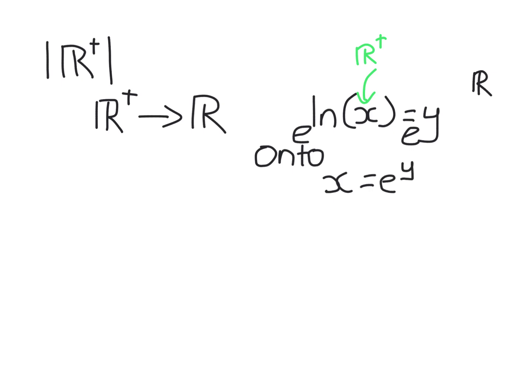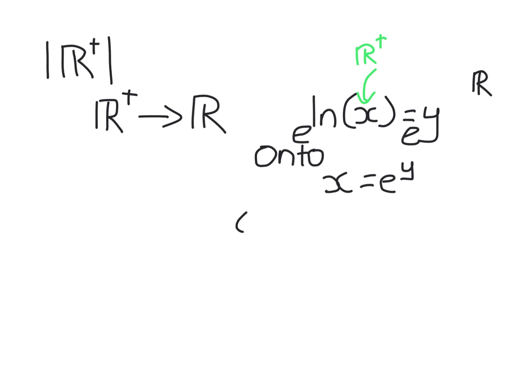In other words, if I have a real number y, I can always find which number mapped to it. The number that mapped to it is just e to the power of that value of y. Alternatively, you might sketch a graph of this and you will see that it has full range. The range of this function ln x is the whole real numbers.